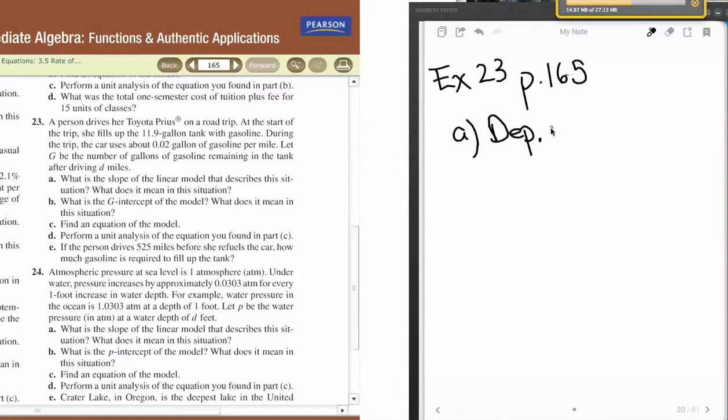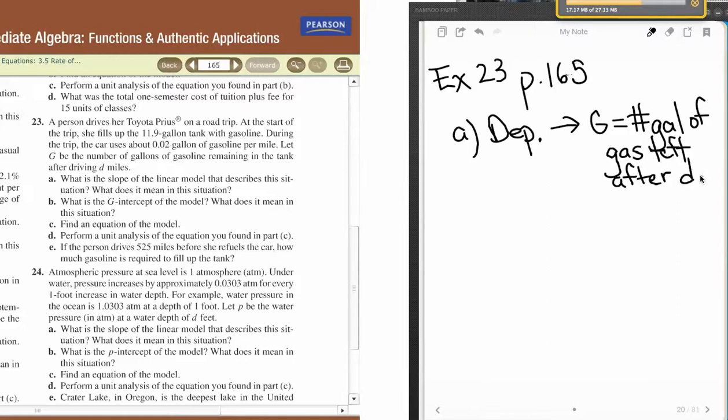So the dependent is going to be our G, which is equal to the number of gallons of gasoline that is left after we have some D miles, another way that we can indicate which one that is.